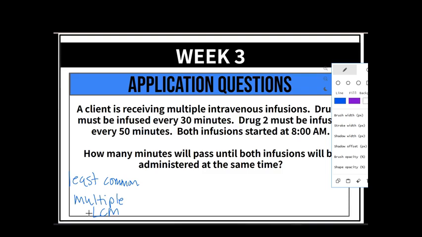So for drug 1, they'll receive an infusion at 30 minutes, another at 60, 90, 120, 150, and 180. That should be good.